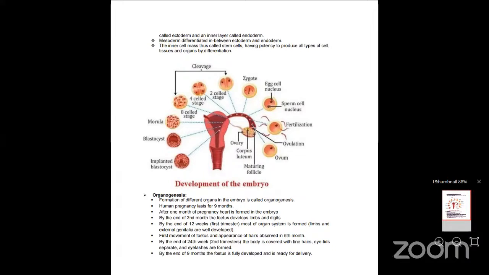First movement of the fetus and appearance of hairs are observed in the 5th month. By the end of the 24th week, the second trimester, the body is covered with fine hairs, eyelids are separated, and eyelashes are formed. By the end of 9 months, the fetus is fully developed and is ready for delivery. Thank you.